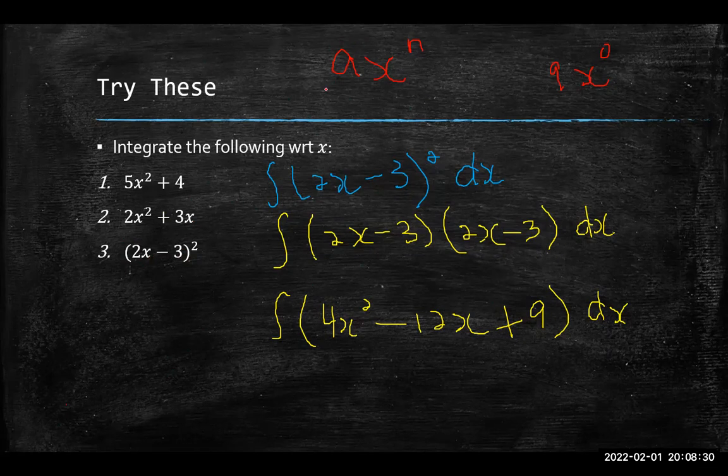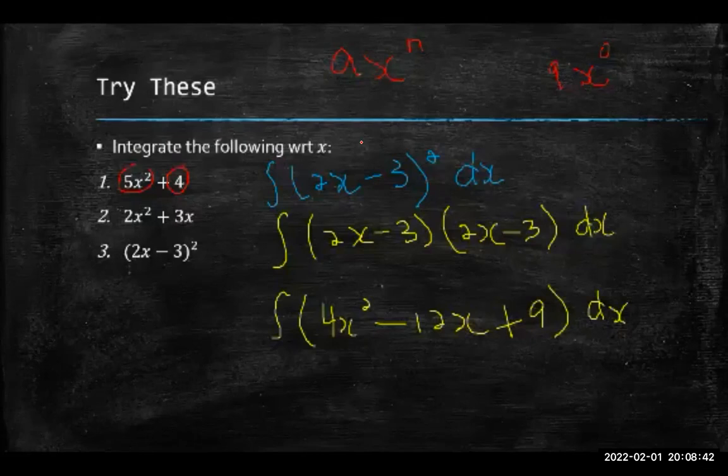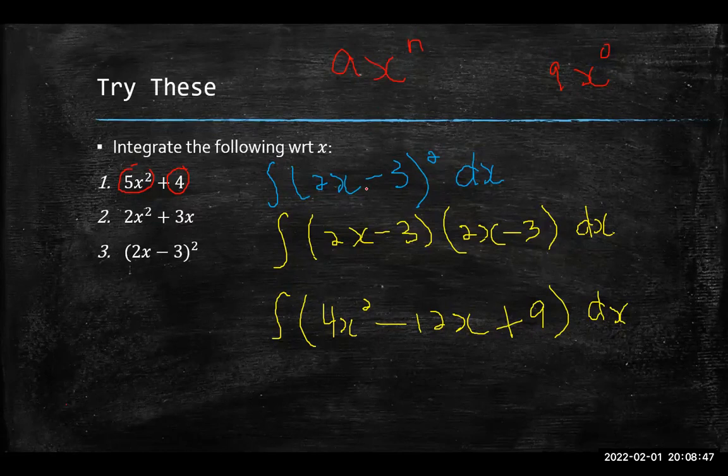Each individual term, like when I have sums and differences, must be in this form. That's the only way I can integrate. It has to be in the form ax to the n.